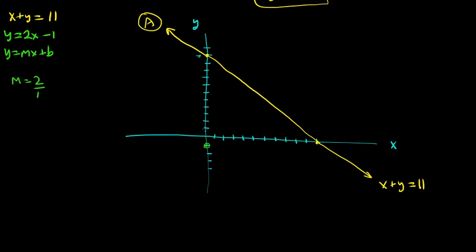So if you go up 2, you go right 1. So we're at this point. If you go up 2 again, right 1, you're at this point. So just take these steps going up, right? And then connect these dots with a straight line. So remove the clutter here. Here's 1 point. Here's another point. Here's another point.